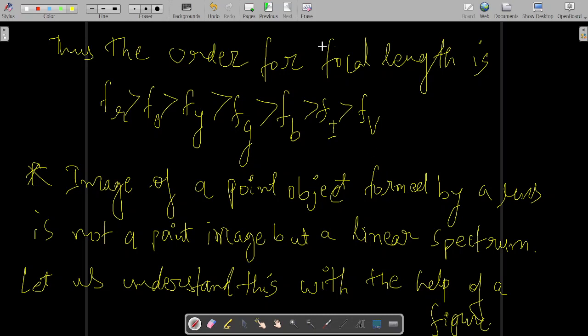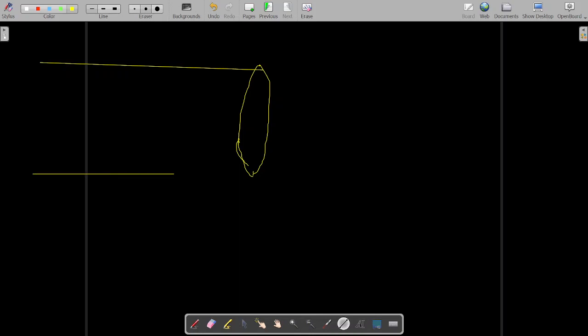Let us understand this with the help of a figure. Suppose I have a lens over here, and suppose there are two parallel rays coming from infinity, and this is the optical axis of the lens.